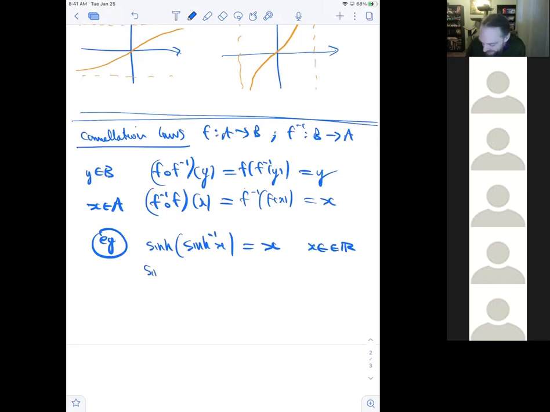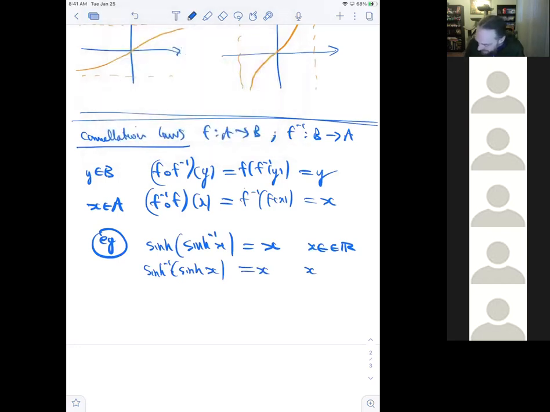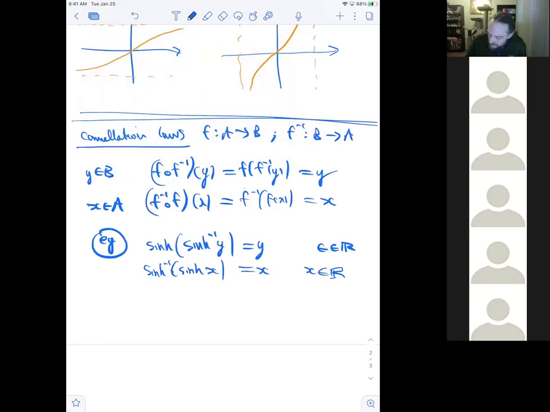So then this means that sine hyperbolic inverse of sine hyperbolic x is also equal to x for x in R. Let me do, and this should be y technically. But you have to restrict this for the domains.